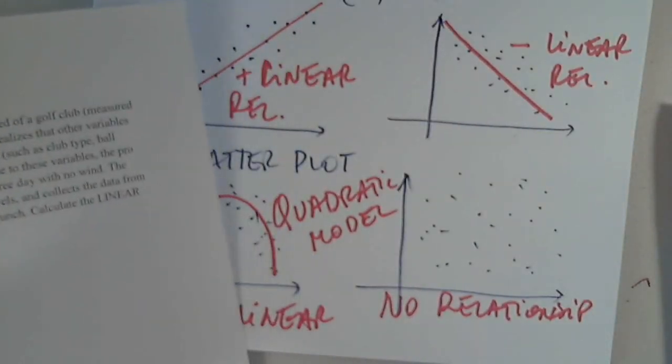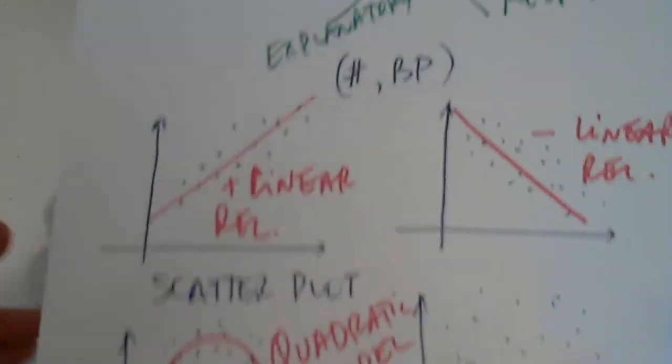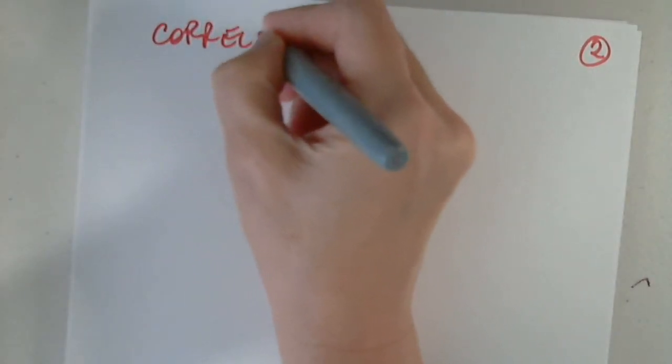Okay, now I will stop sharing for a moment. We have something that is called a correlation coefficient.